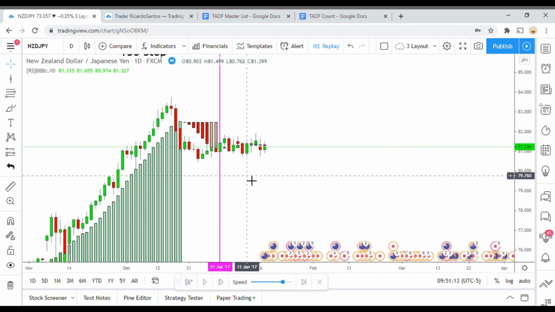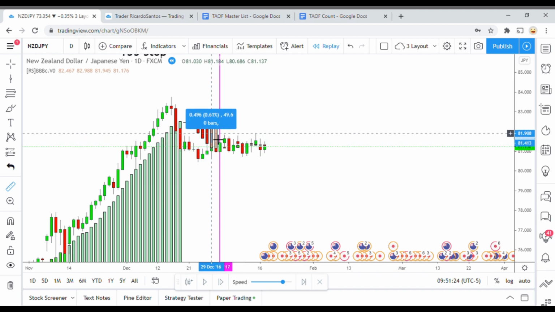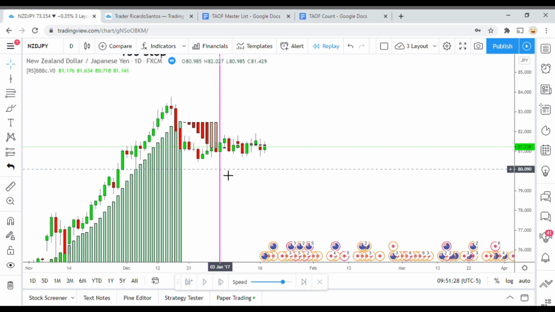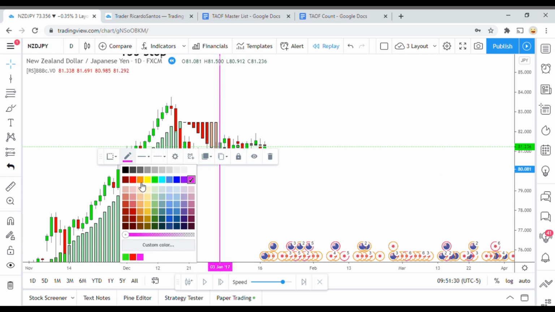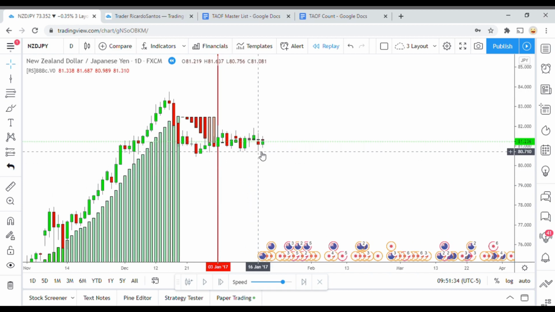Go ahead and keep playing it forward. But there it flips to the upside of price action. Never gets us to take profit on that one. And so that one would be a losing trade.